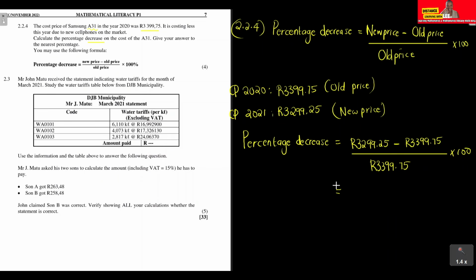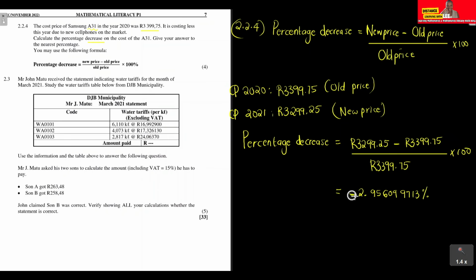If you punch this into your calculator, you get negative 2.956099713%.